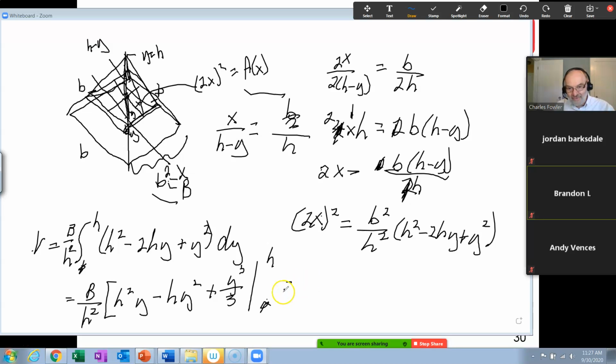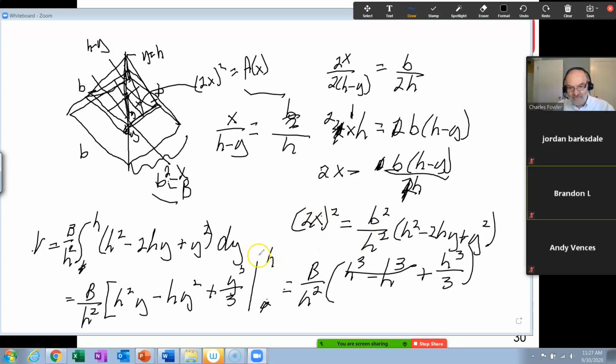Okay, so what do we have? We have the b over h squared here times, when you plug in an h for y, this gives you an h cubed minus an h cubed. I can take care of those. Those add to 0 plus h cubed over 3.